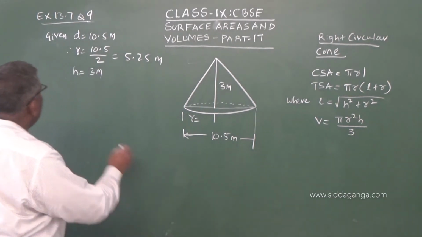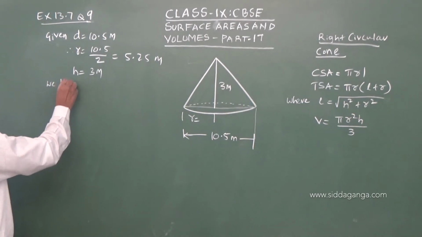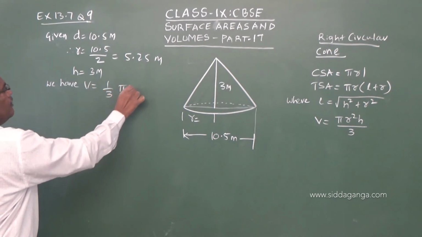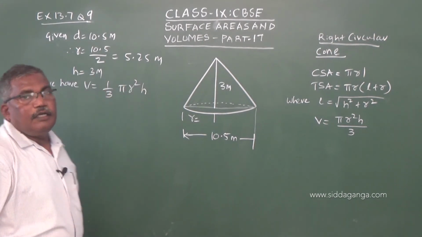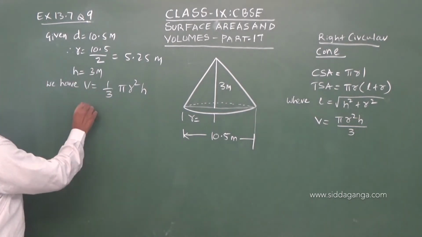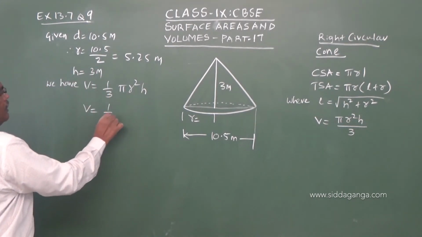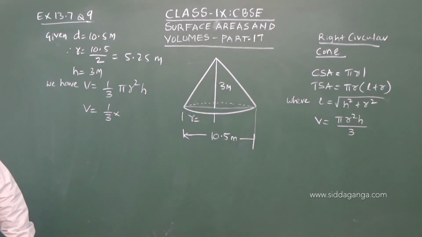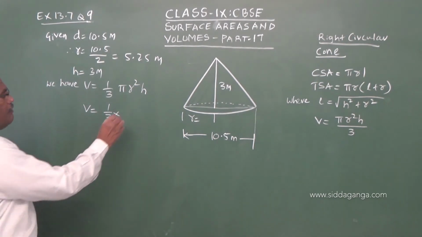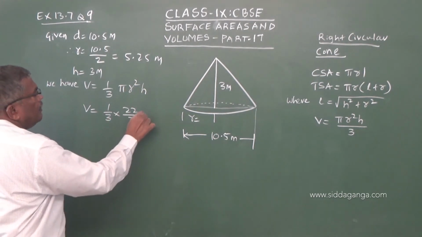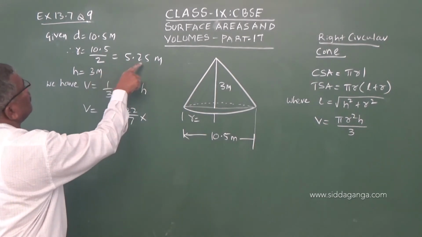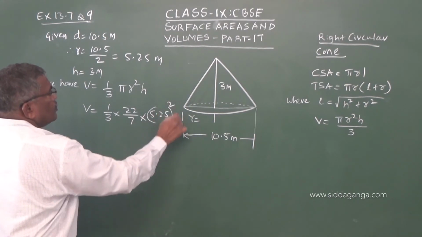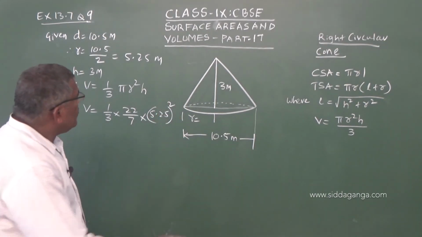So, therefore, we have volume formula. Volume is equal to 1 by 3 pi r square h. So, volume will be equal to 1 by 3 into pi, you take it as 22 by 7, into r, we have calculated 5.25 whole square, into h.